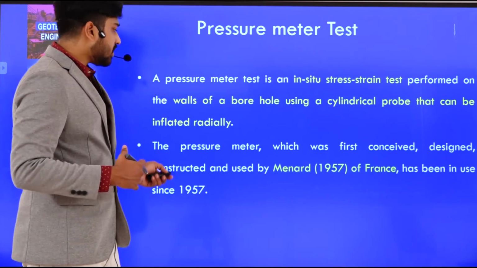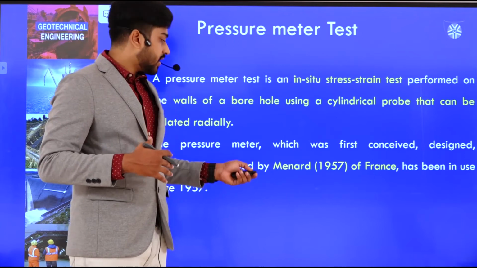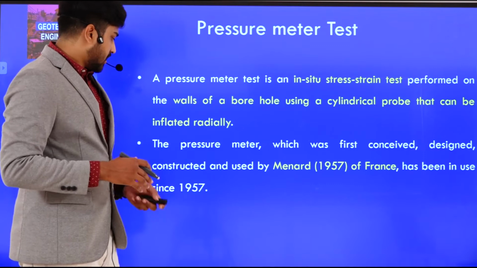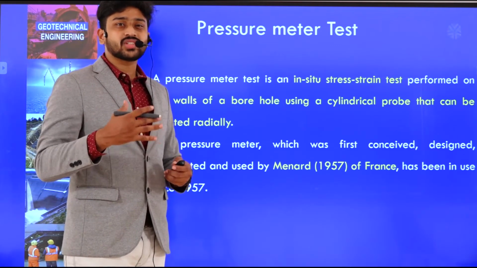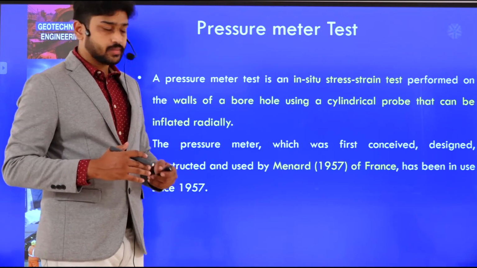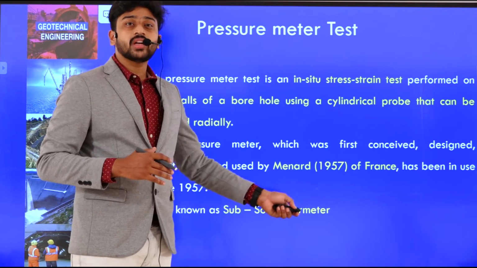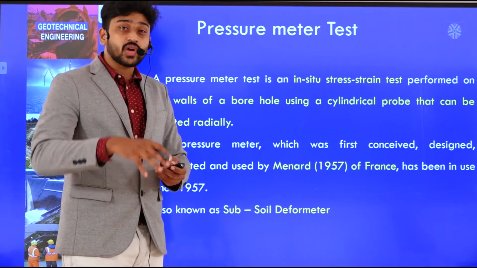This was given and early used by Menard in 1957. He is from France, and it has been used since 1957 itself, one of the most reliable methods. Furthermore, it is known as the subsoil deformometer. Since the borehole is dug and the probe is sent into it and compresses the soil, the subsoil is getting deformed.